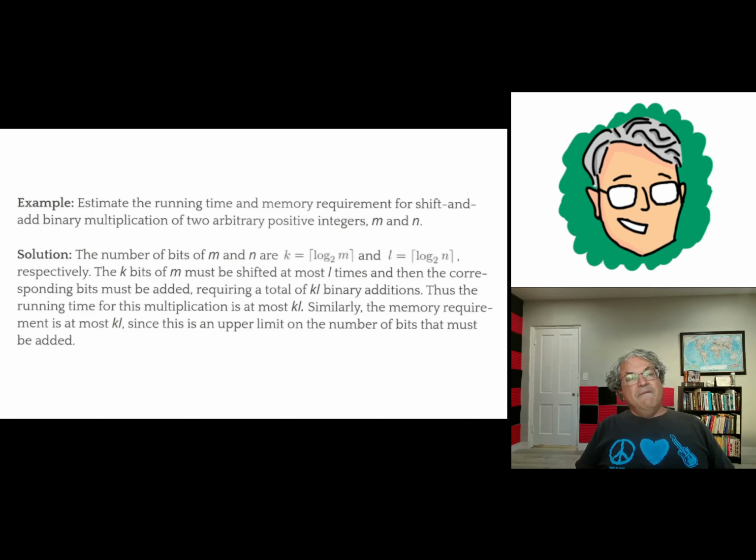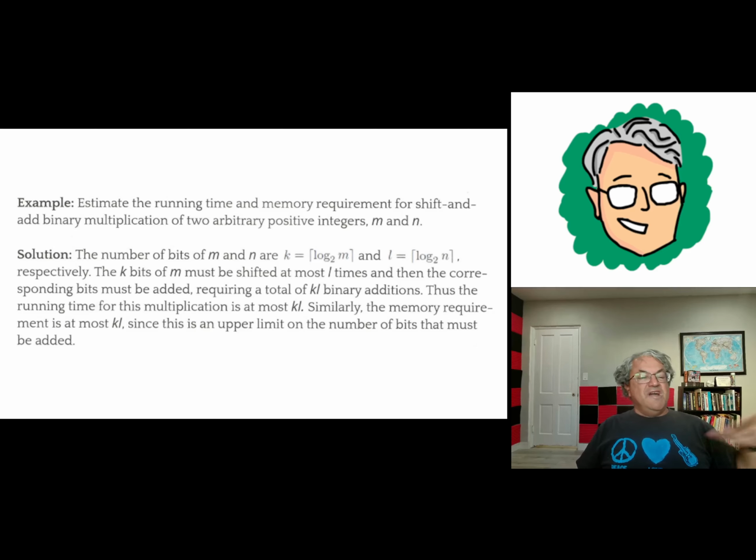Is that right? Actually, I think they're both. I mean, you could do the additions one step at a time. I think there are more efficient ways in terms of memory to do shift and add multiplication. The most primitive way to do it is to store all the carries for everything you're writing down in memory, and then you're going to get k squared of those. But you don't really have to store them. You can do the addition one step at a time at the end.